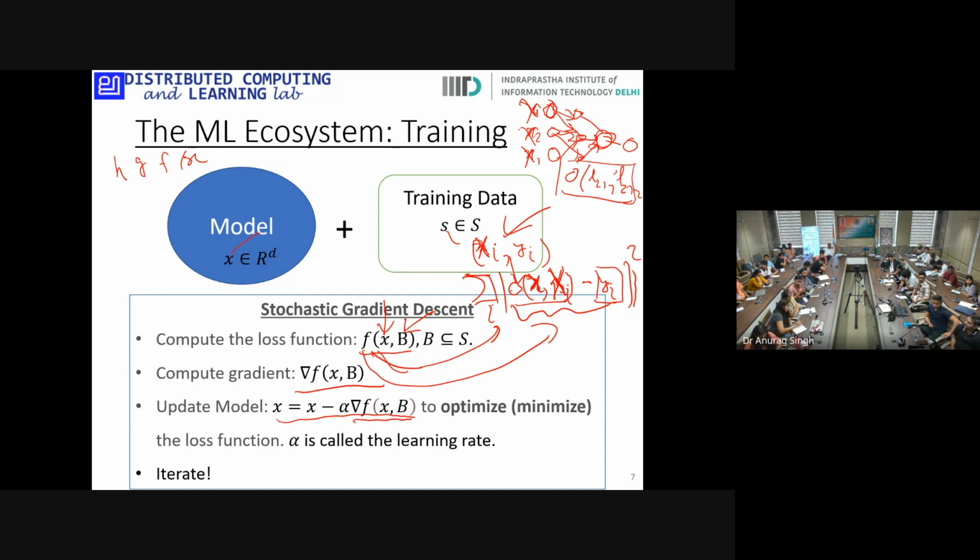This alpha is a dampening factor, popularly known as the learning rate, and then you update your model. In terms of neural network training, this is also called error correction.